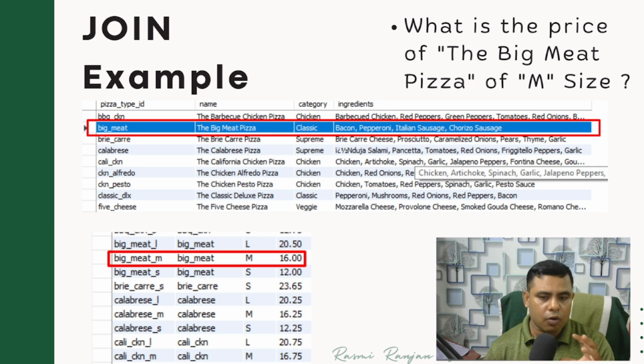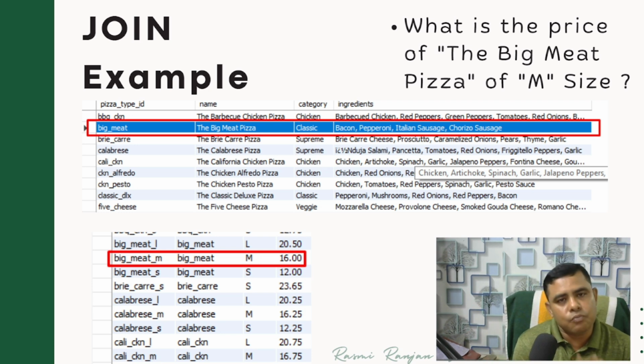So whenever you are going to join a particular table or multiple tables, the most important factor is that you must have a common column in both tables, so that we can combine these two tables and extract the result.